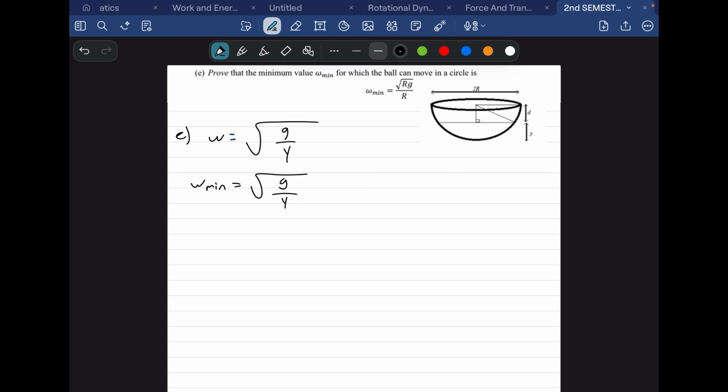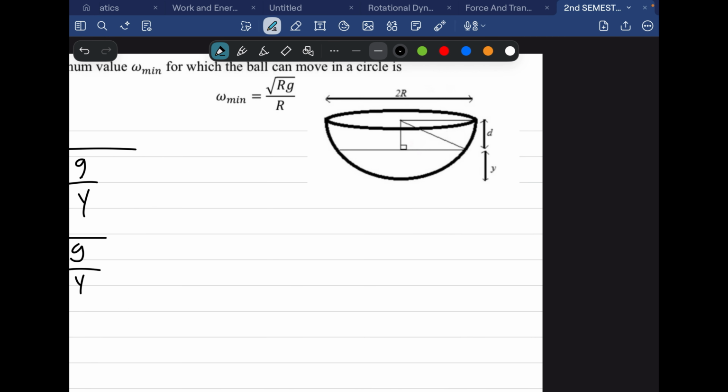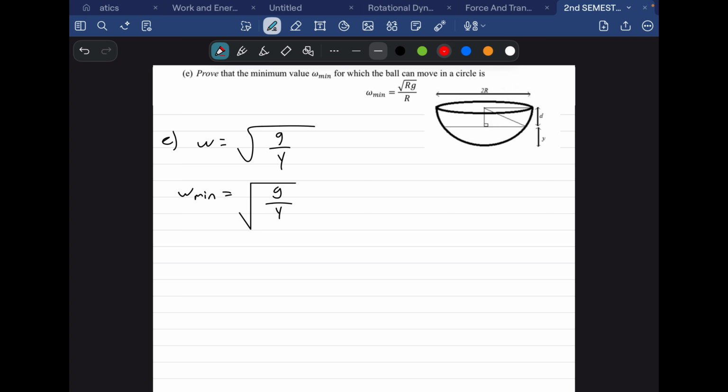So when omega is small, your y has to be large, right? So from the diagram, your y can be like the whole radius, right? So this whole height, if this whole height represents your y, then it's the same as this length right here. And this thing is R, so your y has to be R.